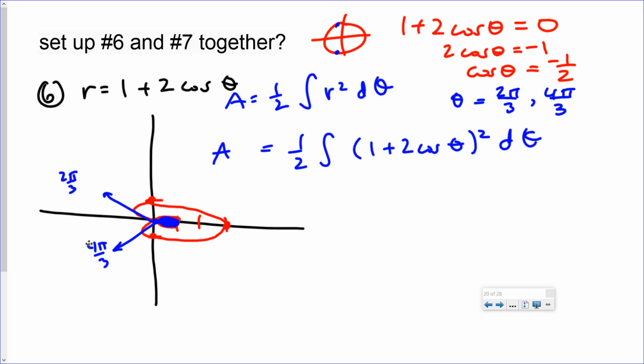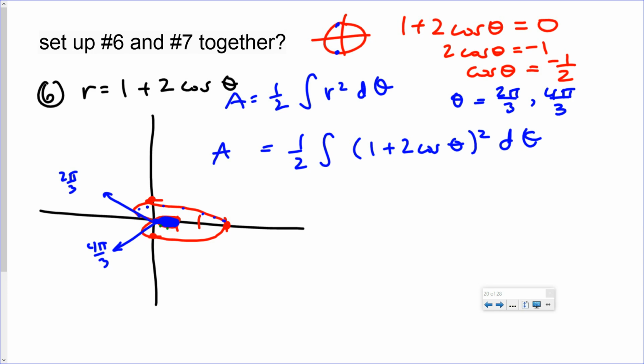Do you remember when you sketched your limaçon? When you sketched it, you plotted this point, then this point, then this point, and when you got here, you got r equals 0. Do you remember that? And then when you started plotting these points back here, what were you doing? You were stepping backwards. When you had 2 pi over 3, you got 0.